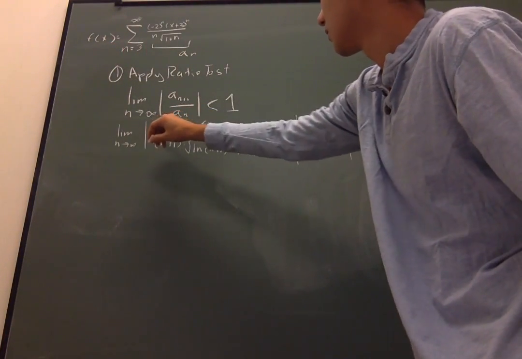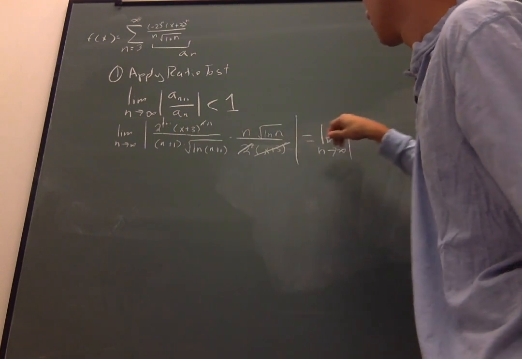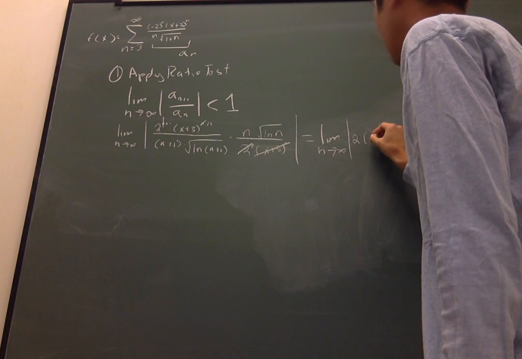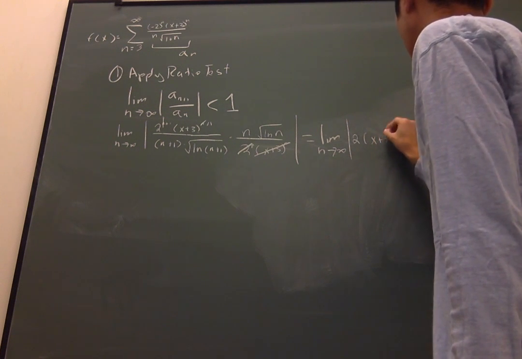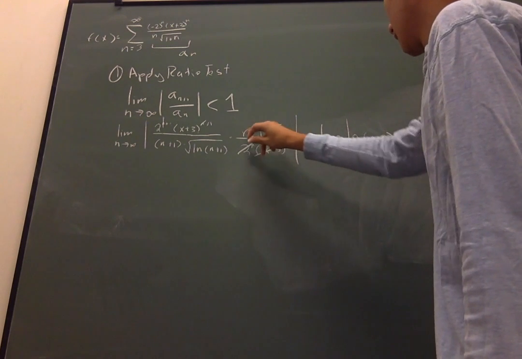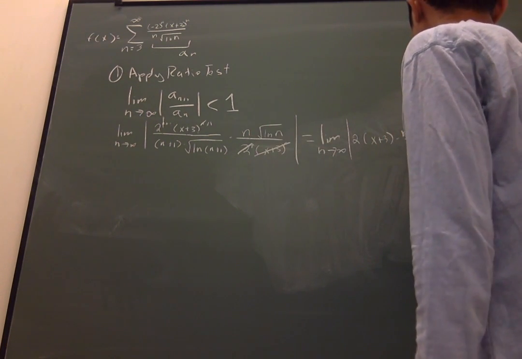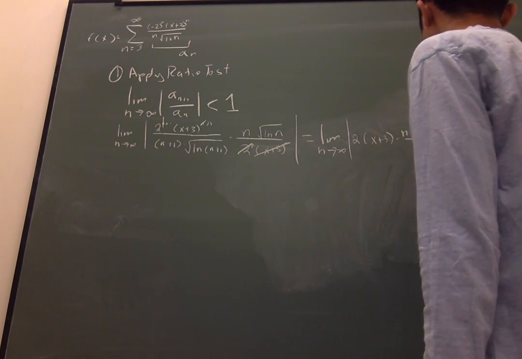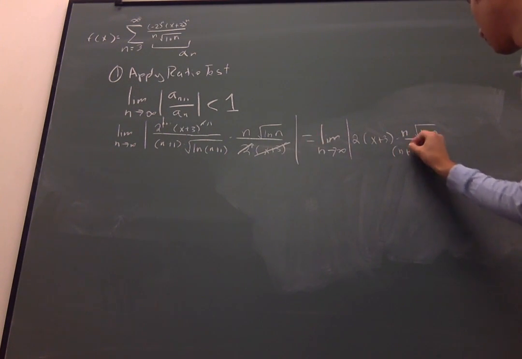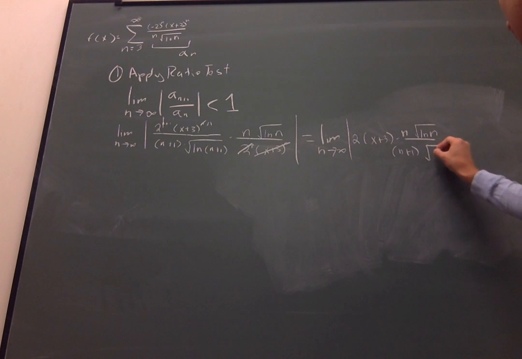So this will be equal to the limit as n approaches infinity. We keep the 2 and the x plus 3 on this side, so we'll get 2 times absolute value of x plus 3, times n times square root of natural log of n over n plus 1, times square root of.